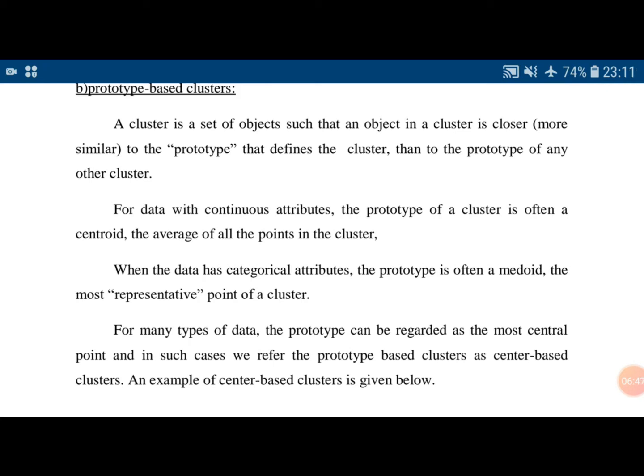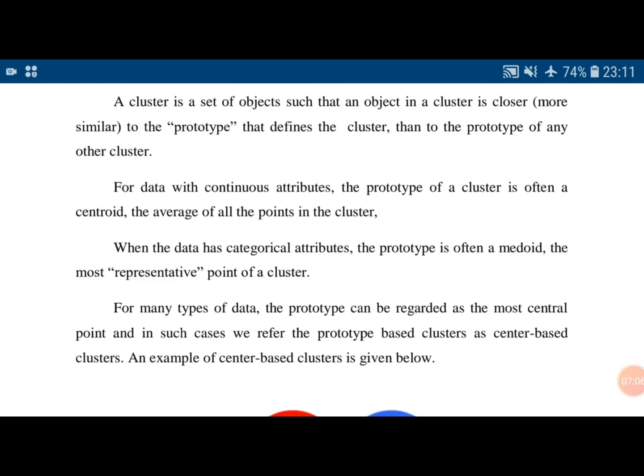Here, if the attributes are continuous attributes, then the prototype refers to the centroid of the particular cluster. So if the centroid value is, for example, 4, then only elements nearer to that value are present within the cluster.